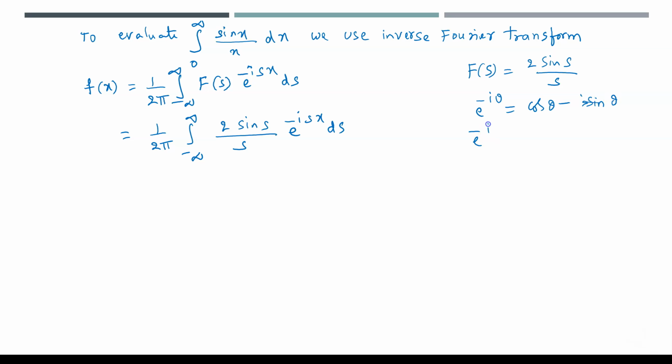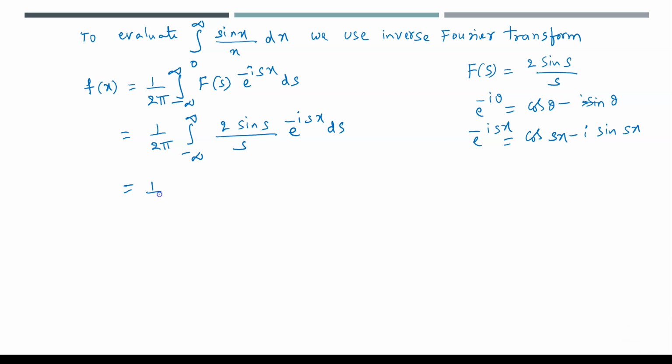So e^{-isx} can be written as cos sx minus i sin sx.